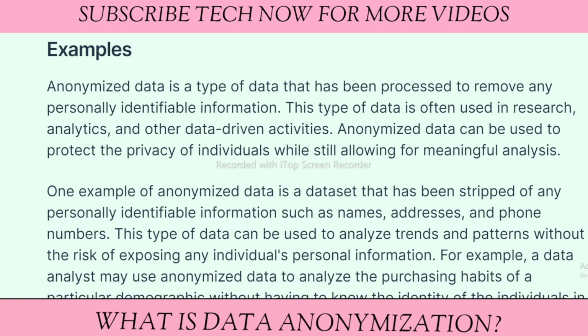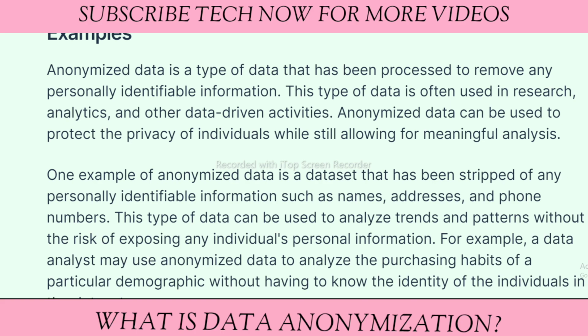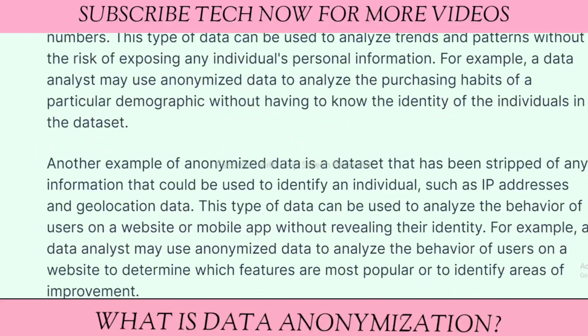One example of anonymized data is a dataset that has been stripped of any personally identifiable information such as names, addresses, and phone numbers. This type of data can be used to analyze trends and patterns without the risk of exposing any individual's personal information. For example, a data analyst may use anonymized data to analyze the purchasing habits of a particular demographic without having to know the identity of the individuals in the dataset.